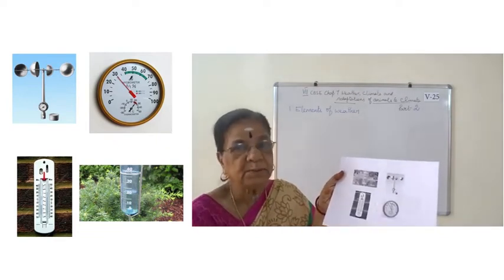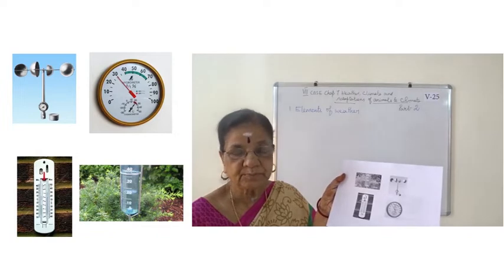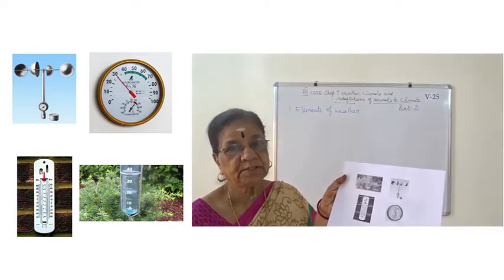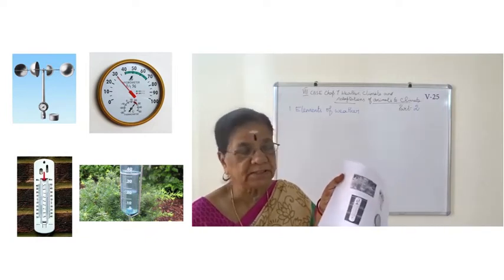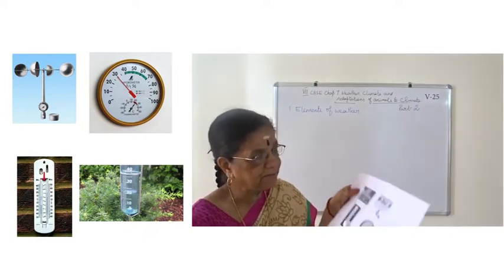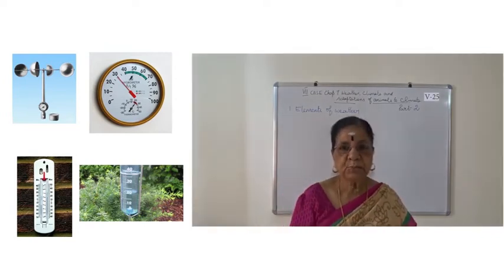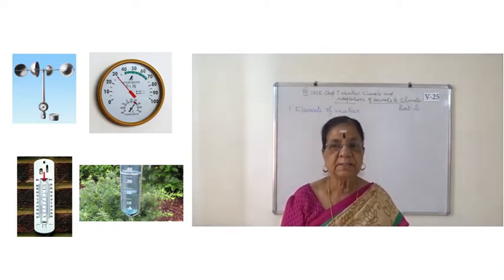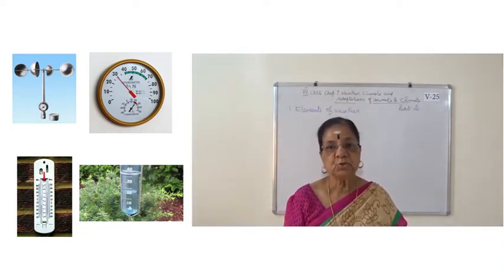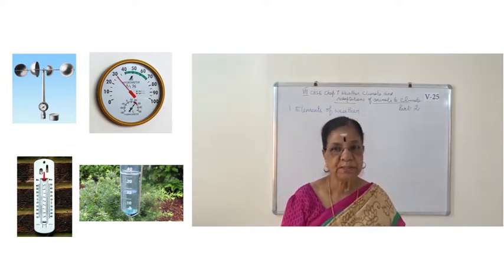And this is the anemometer, used to measure wind speed, to know the speed of the wind. And this one is the hygrometer, where the humidity, the moisture content present in the atmosphere, can be found out through this hygrometer.